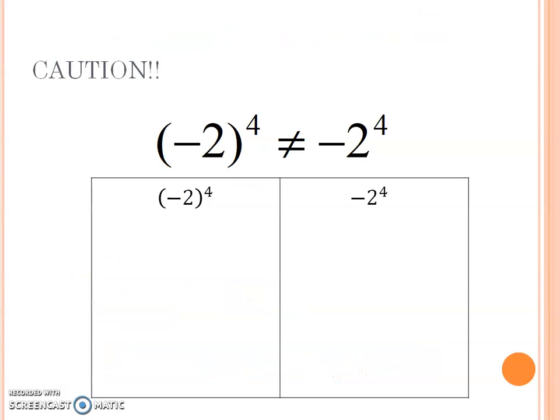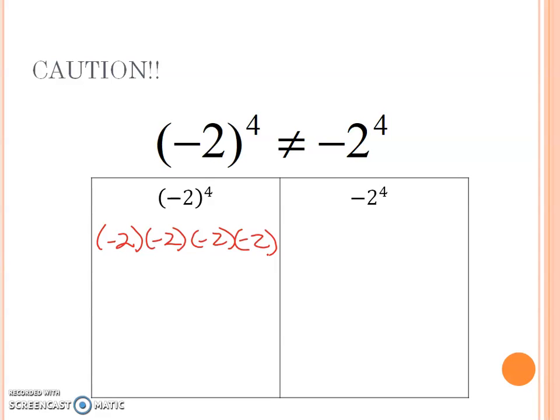One word of caution, and I know we've talked about this, but just to reiterate it, parentheses will matter when you guys are dealing with these. If I have negative 2, in parentheses, to the 4th power, that means negative 2 times negative 2 times negative 2 times negative 2.